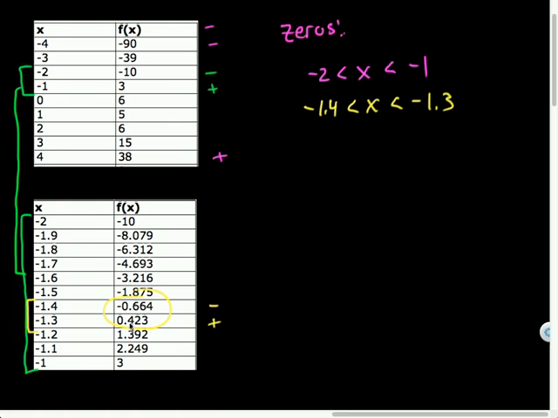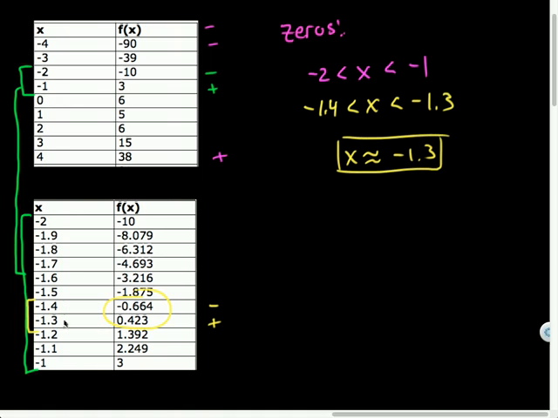Yep, 0.4 is closer to 0 than negative 0.6. So I'm guessing that my 0 is likely closer to negative 1.3 than it is to negative 1.4. So my 0, I would say, is about, x is about negative 1.3 if I wanted to the nearest tenth.